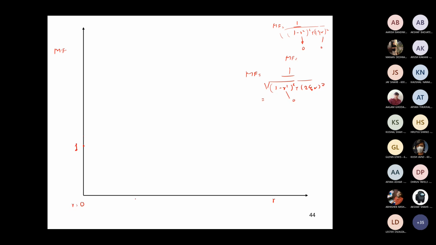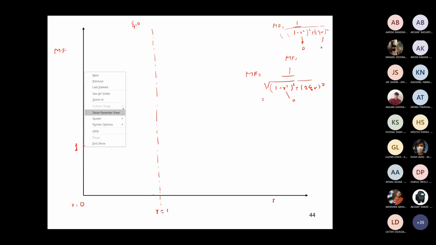Now we need some reference axis around which we build these graphs. When r is equal to 1 and zeta is 0, what is the magnification factor?